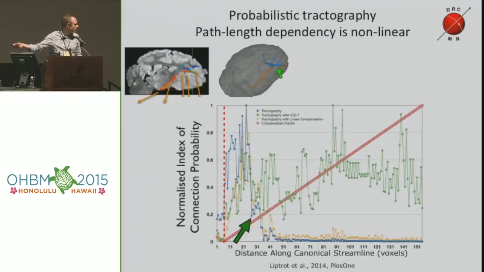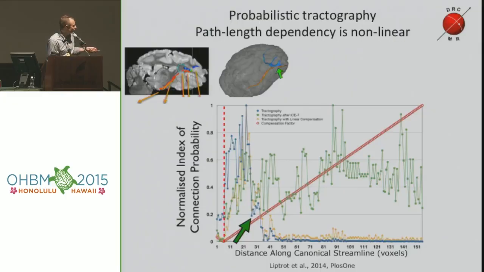So actually we showed this in an example here. We did this with the tracer I've shown you before. This is our popular pig brain. We have our tracer, so we actually know the ground truth. We're looking at the prefrontal cortical projections, and we generated a canonical streamline, and then along that canonical streamline, we counted the number of streamlines hitting this tract along the distance from the seed region down to this region here.